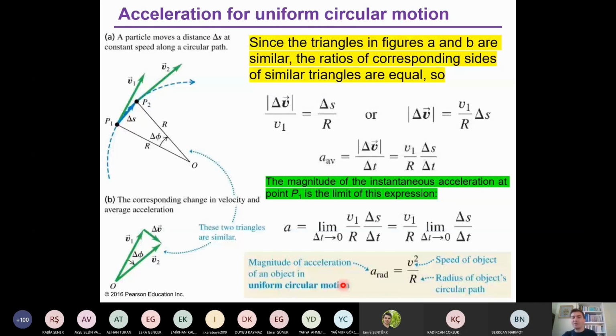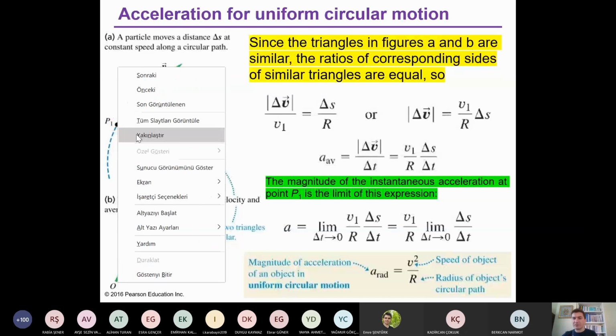But here I put radial, you see, A radial. This is the instantaneous acceleration, but here I use A subscript radial. So what is the meaning of the radial? Radial means from the path to the center of the circle, okay?